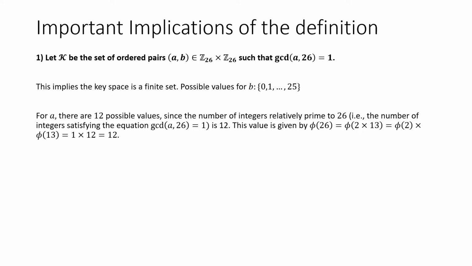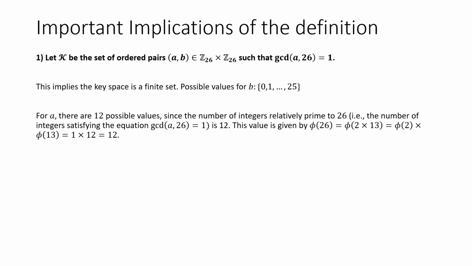Euler phi function is a function that gives us the number of integers that are relatively prime to a certain number like 26. So the number of relatively prime integers between 1 to 26 can be found by finding the value of phi of 26. Well, the prime factors of 26 are 2 and 13.